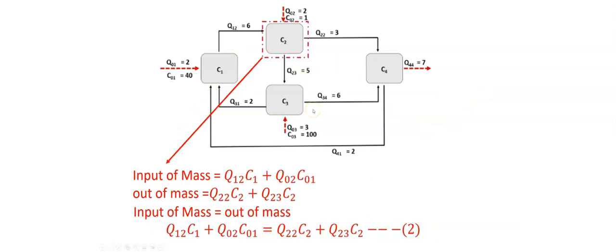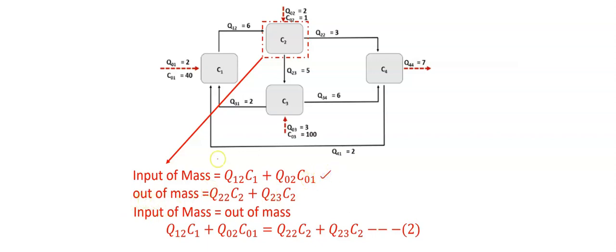Next, reactor C2. So mass is coming in the reactor Q02 C02. Another mass is coming in from reactor 1, Q12 into C1, so Q12 C1 plus Q02 C02, so that is the input of mass.